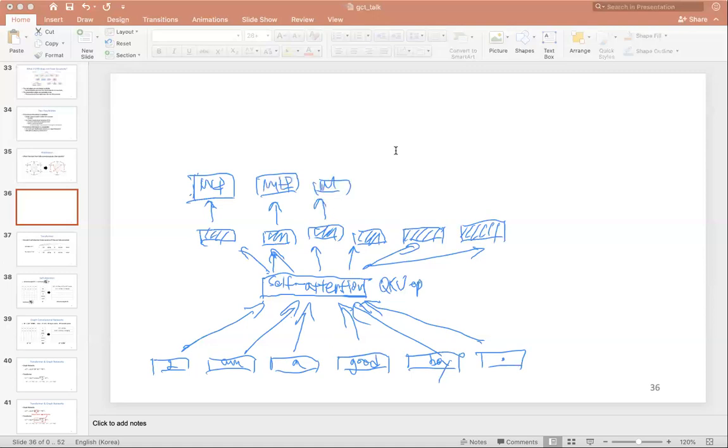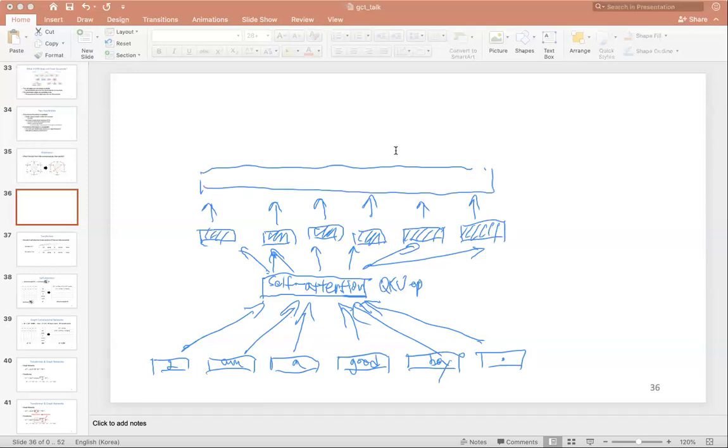This is actually the same MLP, so I'm just going to go through the same multi-layer feed forward neural network, FFN, and then you get the same number of tokens out again.